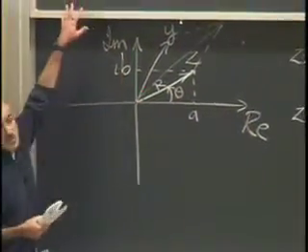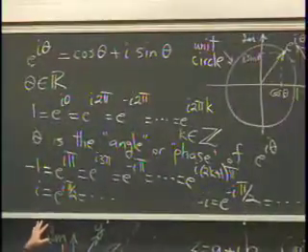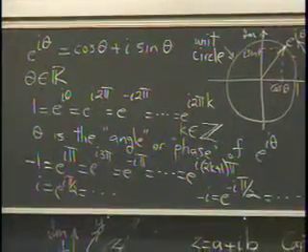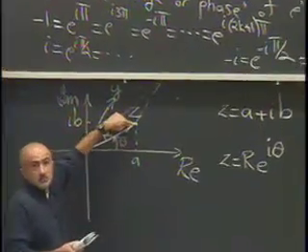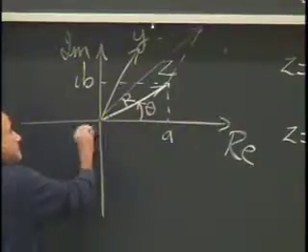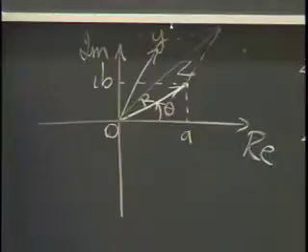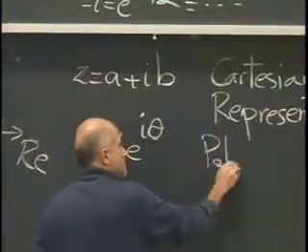In the previous picture, what was r? 1, because you were sitting on the unit circle. All the points on the unit circle have radius 1, a distance 1 from the origin. This is my 0. But there's nothing that restricts you to the unit circle when you're talking about complex numbers. You can wander off anywhere. So this is called a polar representation.